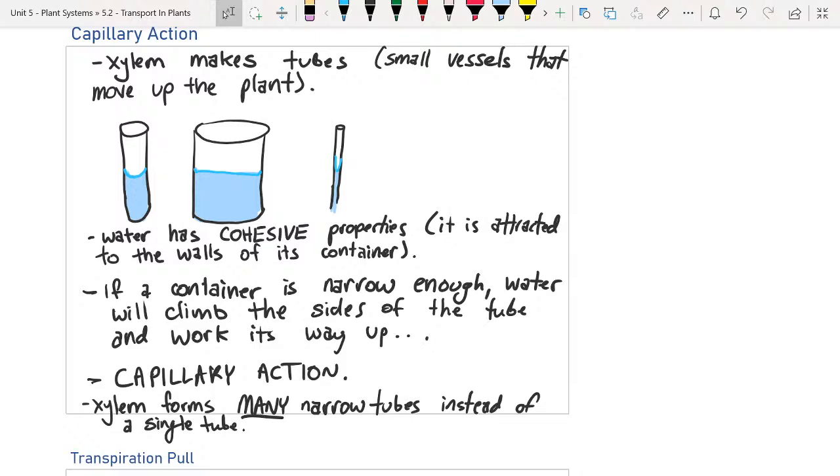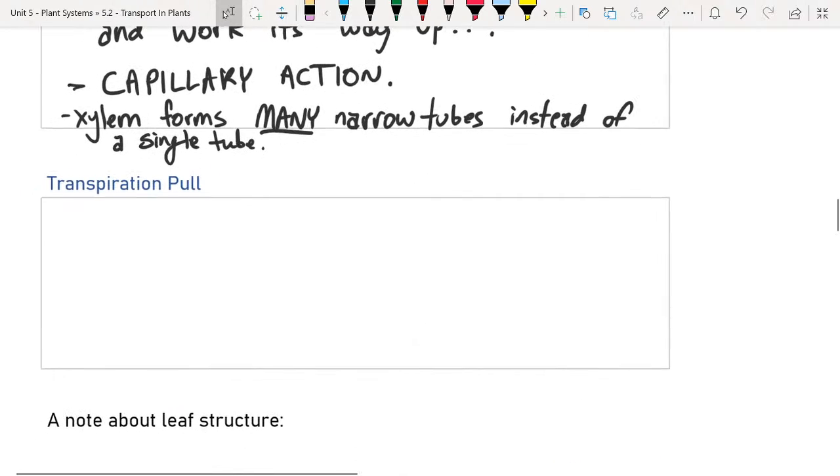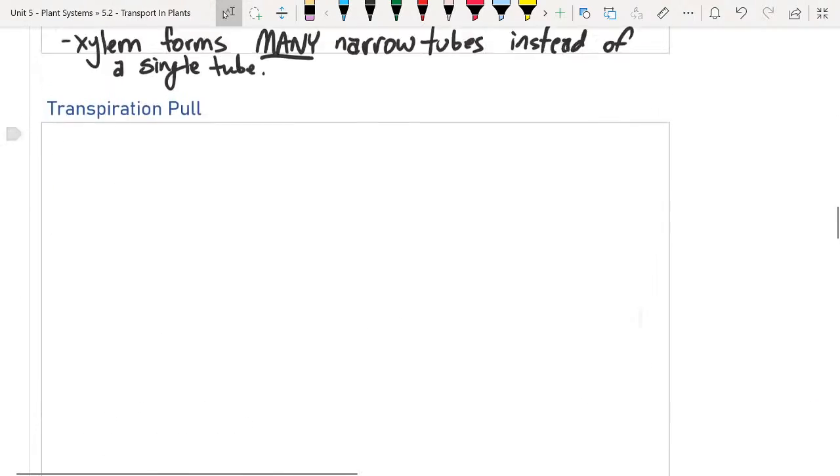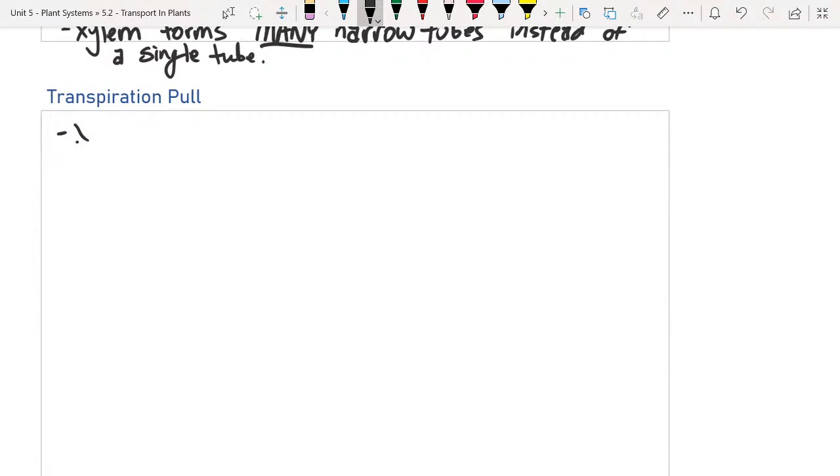And you already told me where the water is going is the leaves. The leaves of a plant are the end point of water flow. That's actually how the water gets out. So we'll talk about that, transpiration pull. So xylem eventually leads to the leaves.